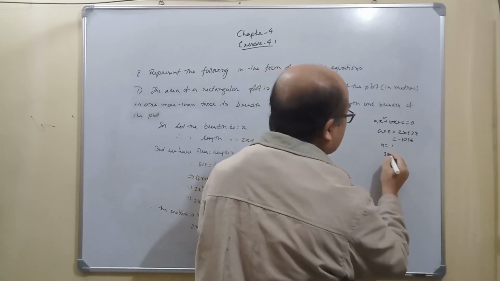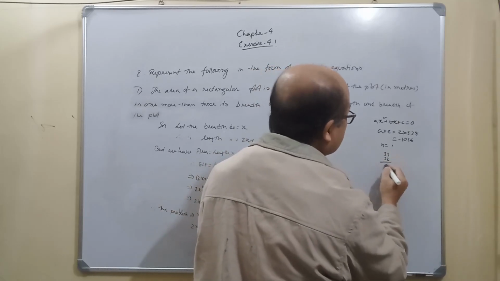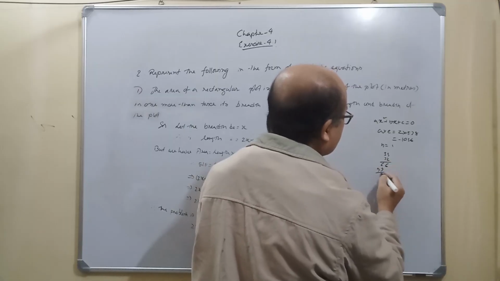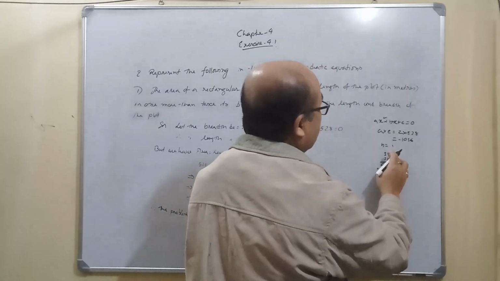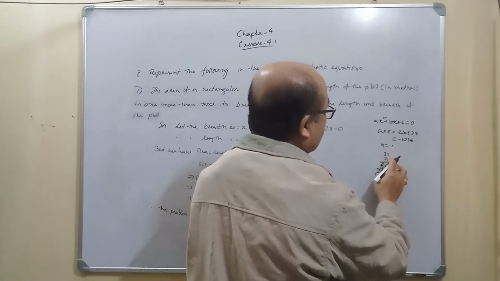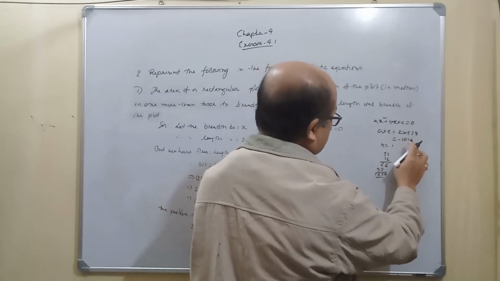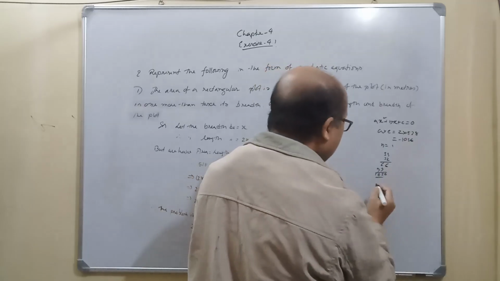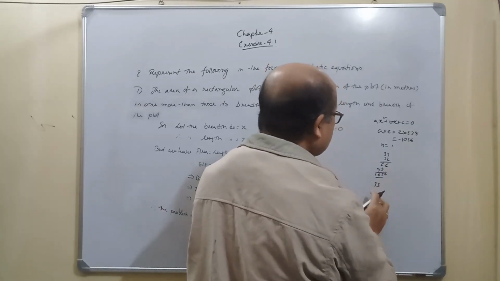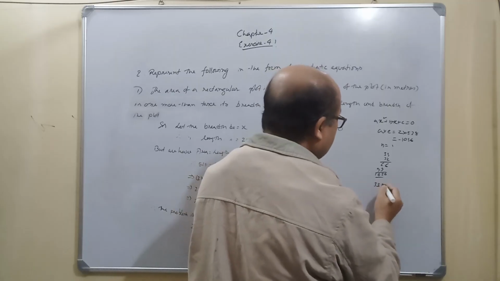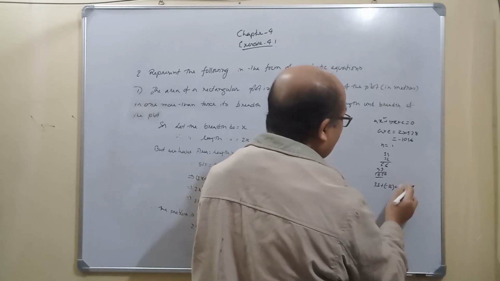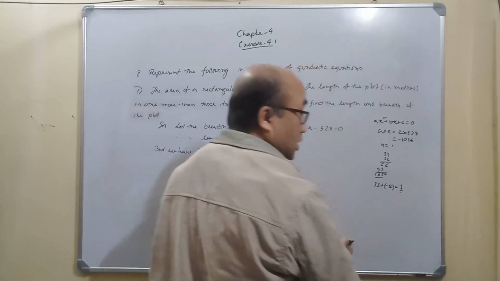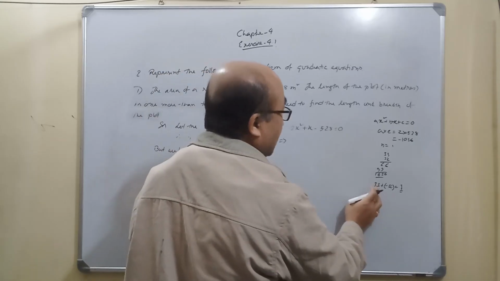If you multiply 33 by 32, it gives you 1056. So 33 and 32 are two numbers which when multiplied give you 1056. And if you add 33 with minus 32, that gives us 1. So the two numbers are 33 and minus 32.